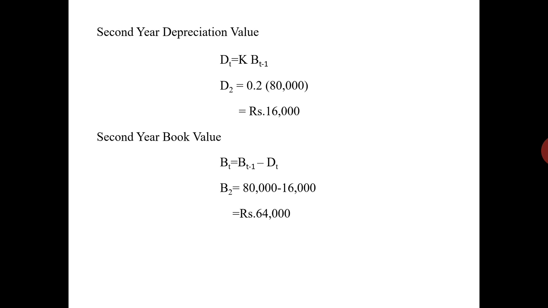Finally we get the second year depreciation value as rupees 16,000. The second year book value formula is BT equals BT minus 1 minus DT. Substituting the values, B2 equals 80,000 minus 16,000. Here we get the second year book value equal to rupees 64,000.